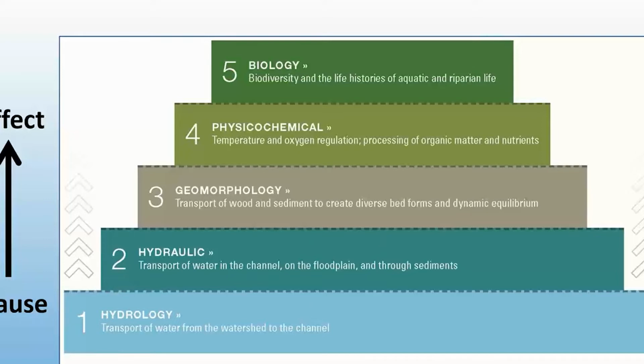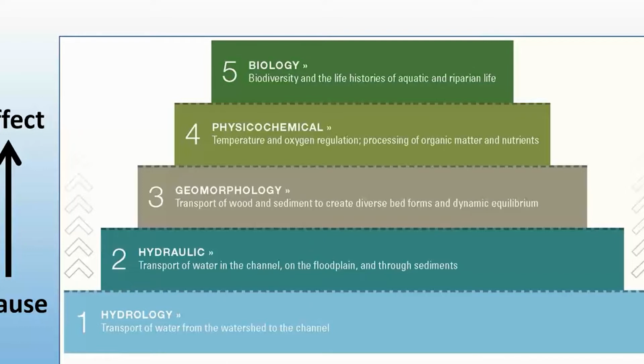Because there are all these limiting factors that are preventing that fish from being there. And so that's what I mean by these lower levels being more of the cause and the upper levels being more of the effect. What do we need to have in place in order to meet those goals?